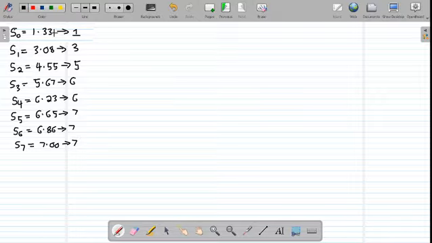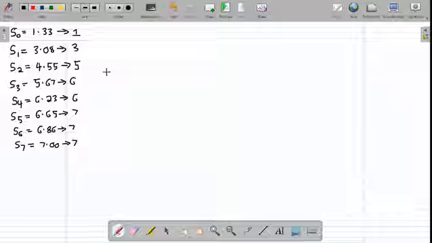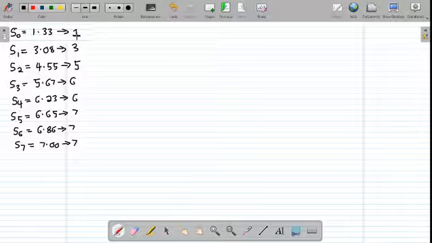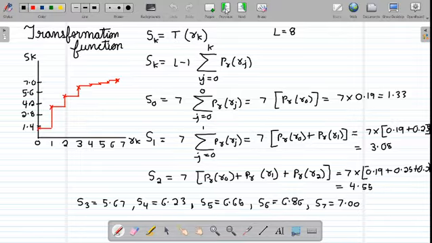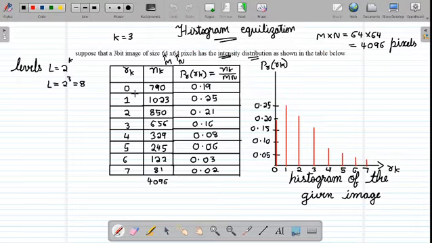So the fractional values are converted to integer values. Now we can perform the equalized histogram of the image. At the input there were 8 levels: 0, 1, 2, 3, 4, 5, 6, 7.